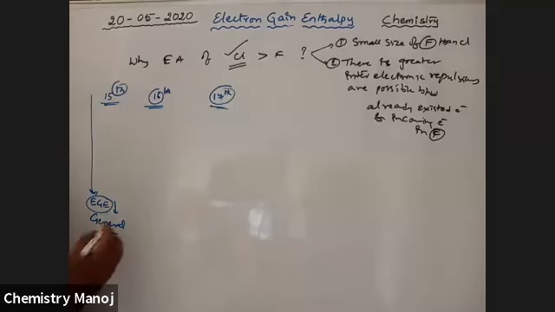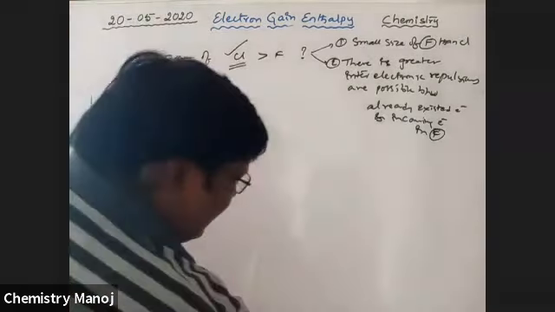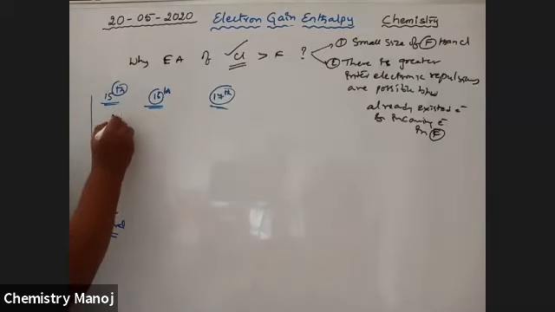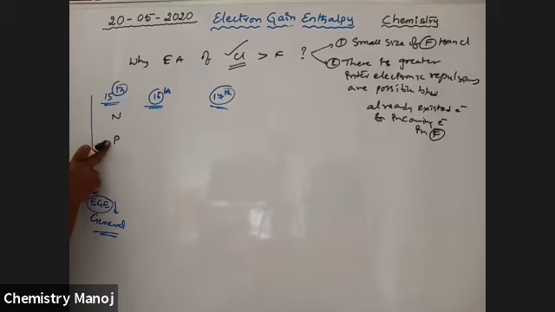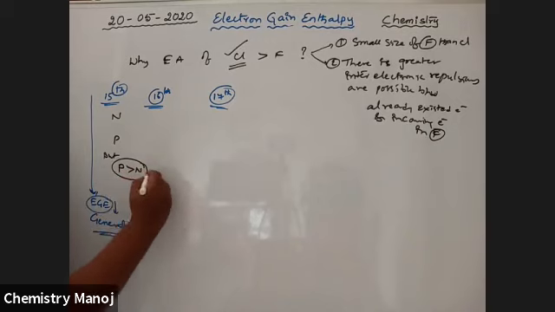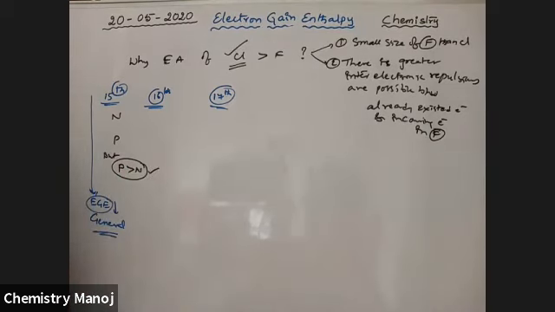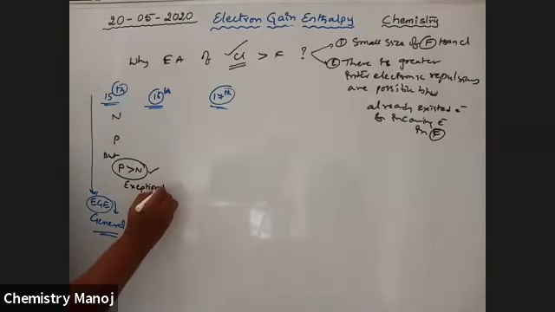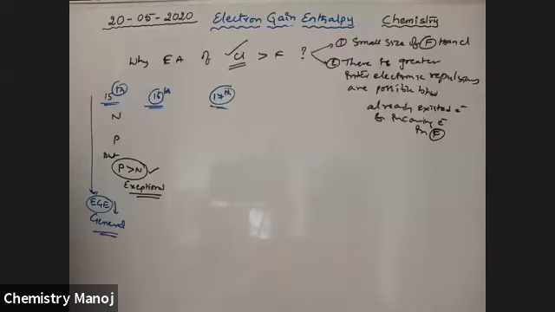In 15th group elements, nitrogen and phosphorus, we expected phosphorus to have a lower value than nitrogen, but the electron affinity of phosphorus is greater than that of nitrogen. It is an exceptional case.